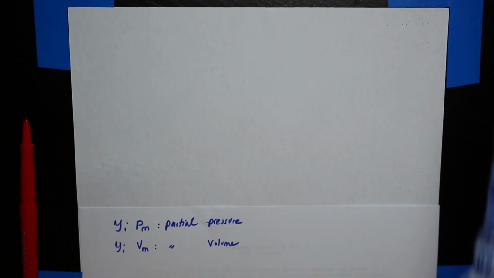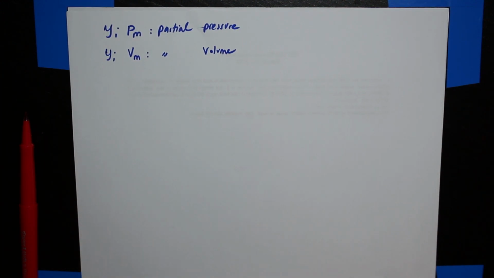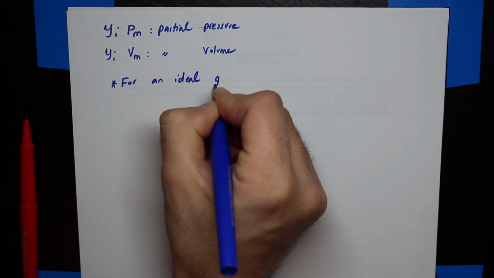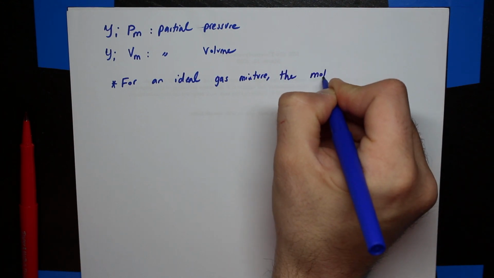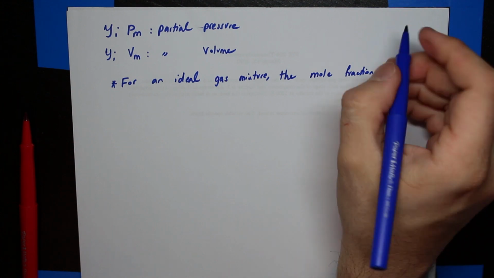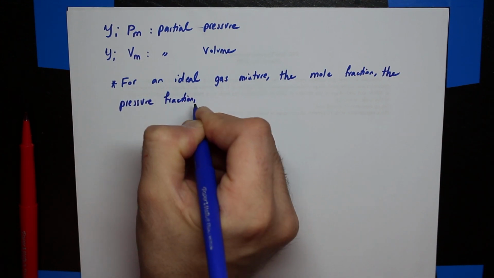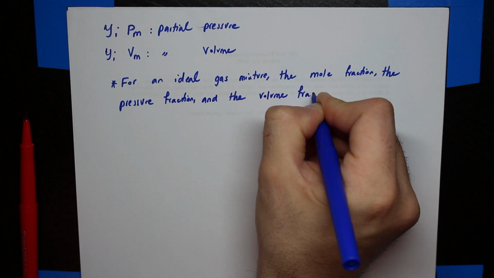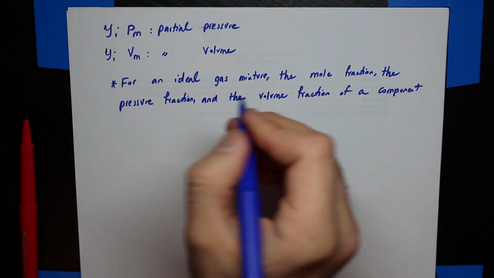So the point is, for an ideal gas mixture, the mole fraction, the pressure fraction, and the volume fraction of a component are identical.